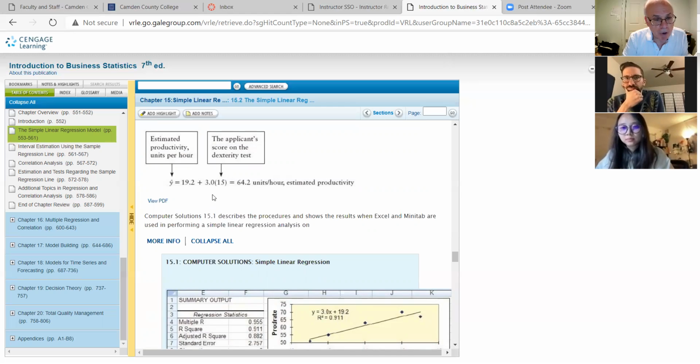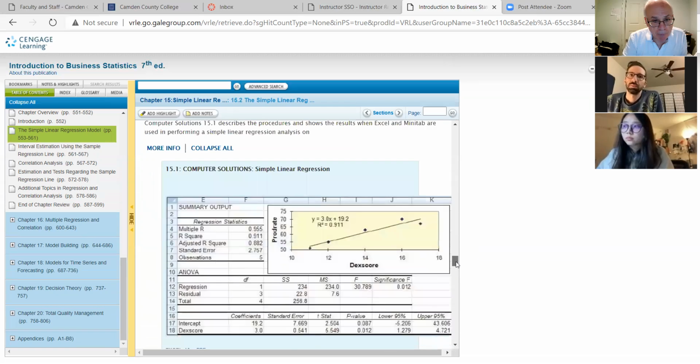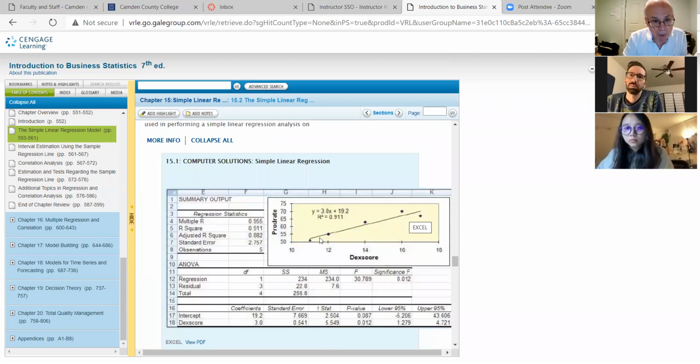So there's other types of growth besides linear, but this is what a simple linear equation allows you to do. It allows you to use linear growth to estimate a dependent variable based on an independent variable. Okay, so this is called linear growth. All right, and of course here's the line right here.